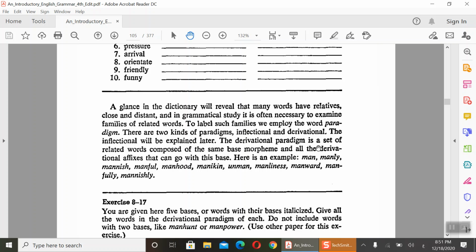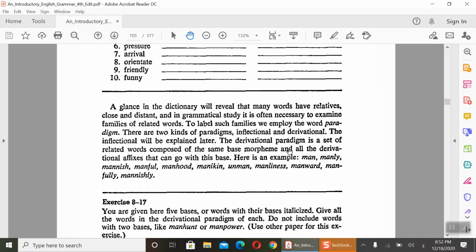The derivational paradigm, what is the definition of derivational paradigm? It is a set of related words. They are related, composed of the same base, the same root, and all derivational affixes that can go with this. For example, man, manly, you see, a family. Man, manly, mannish, manful, manhood, mankind, and so on.